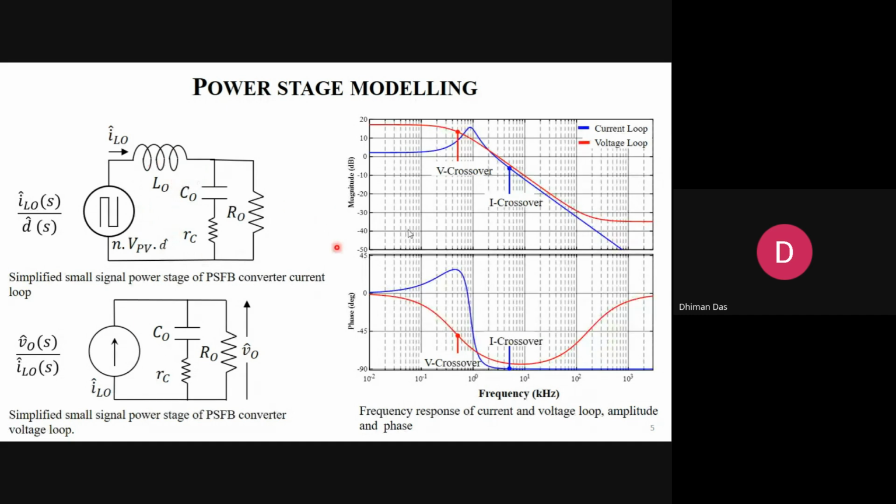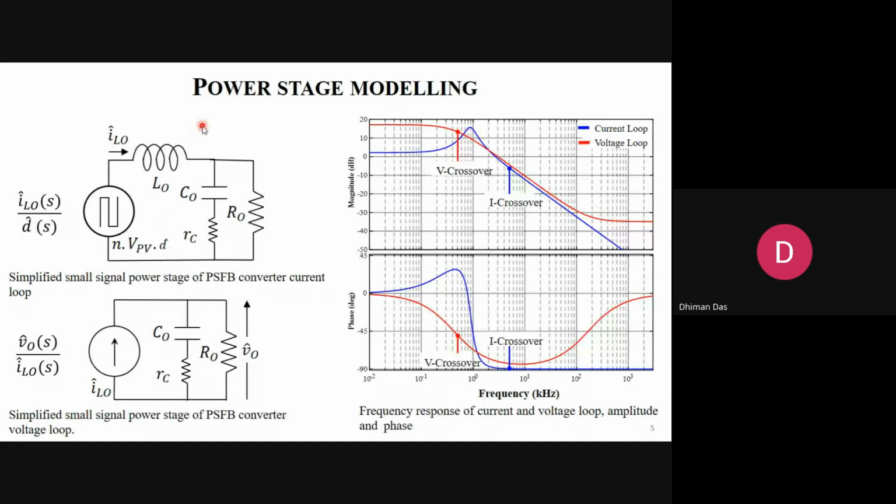If you analyze this output to duty transfer function, the current injection as a function of duty, then you can get the control to output transfer function, and you can do the Bode plot to design the control of this voltage CV controller.